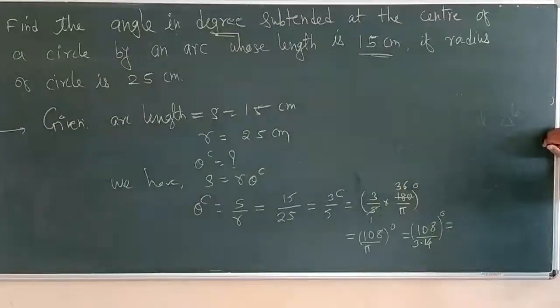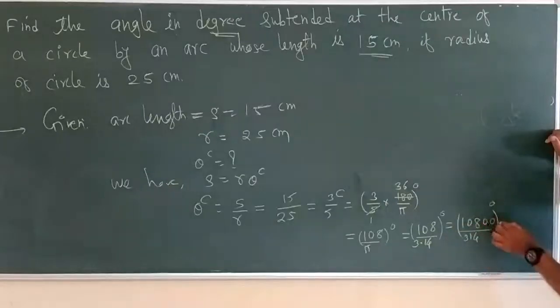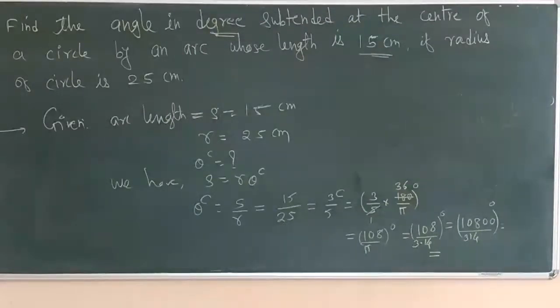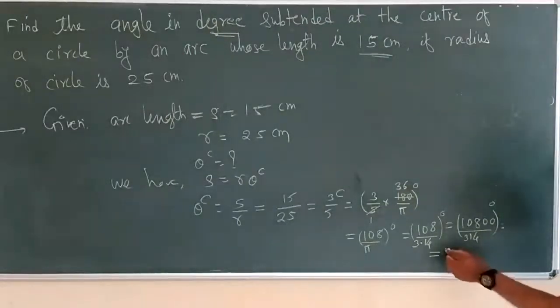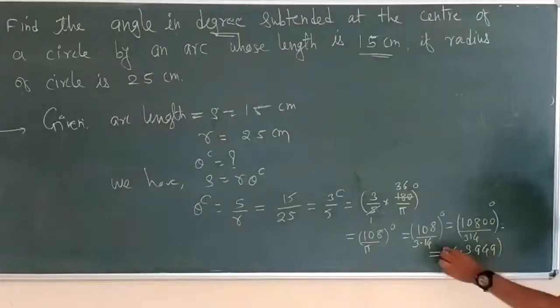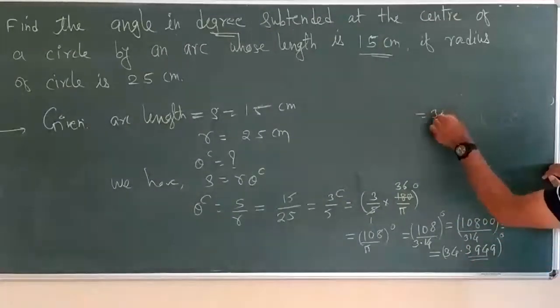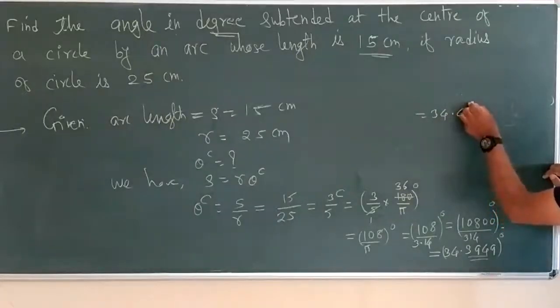If we divide by it, 10800 with 2 decimals gone, 314 degree, and if we divide by it, how many degrees, the division comes to approximately 34.49. Again we divide by it, 34.49 degree. If we convert this part approximately, that is equal to 34.40 degree.